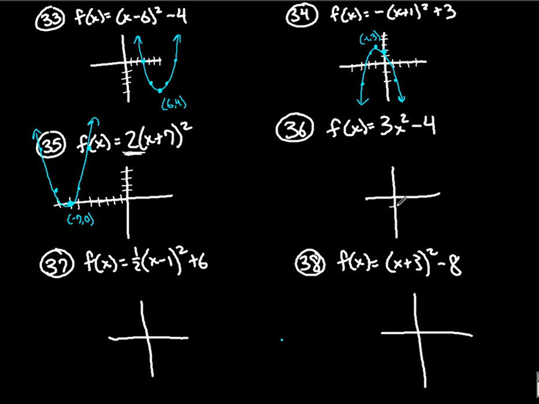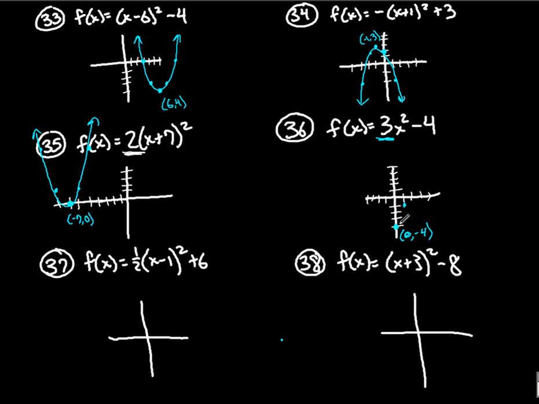In 36, we're going to start by going down 4, and we're not shifting left or right any, so that's easy there. So my origin has moved down 4, so it's now at 0, negative 4. And same thing, this vertical stretch, instead of going up 1, or over 1, up 1, I'm now going to go over 1, up 1 times 3. So 1, 2, 3. For my next point, instead of going over 2, up 4, I now have to go up by that times as many.